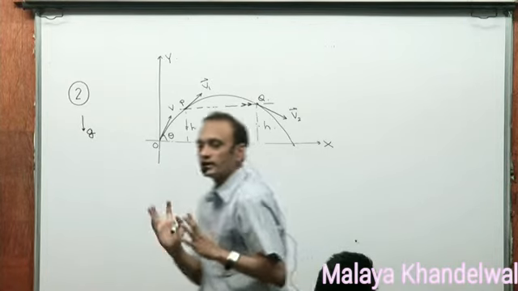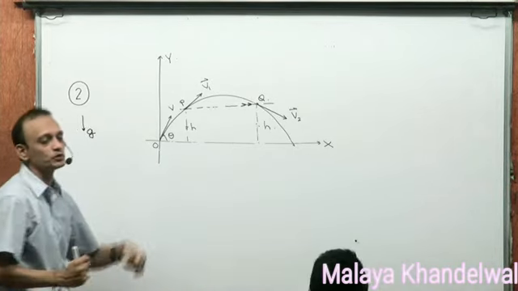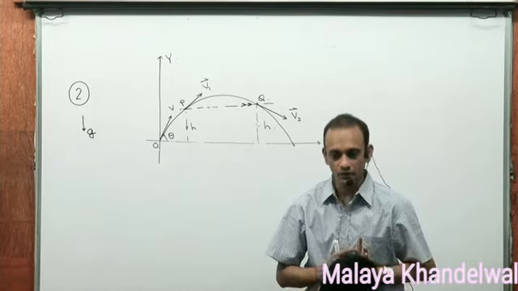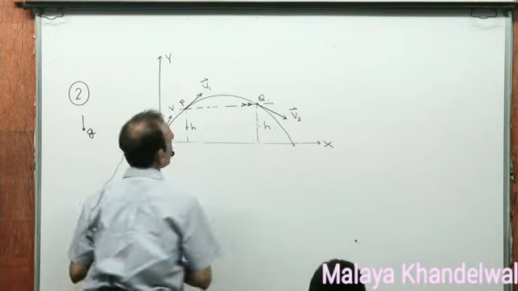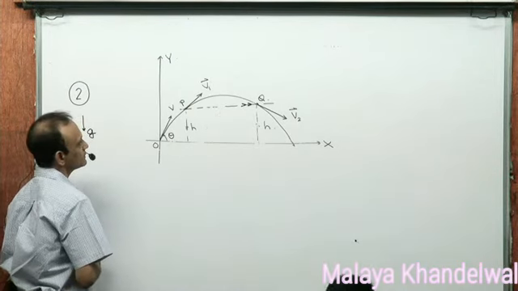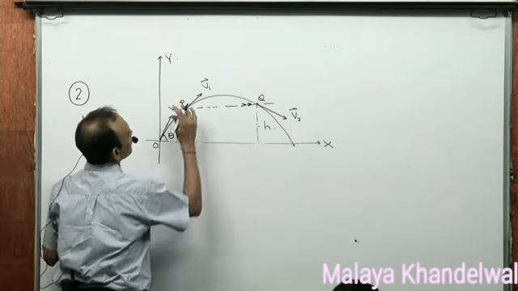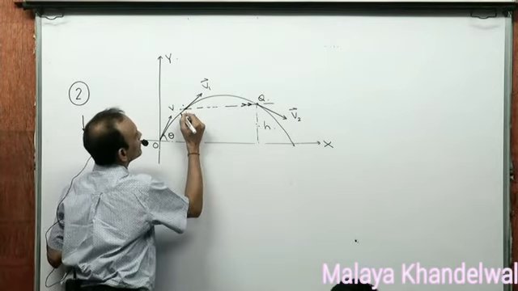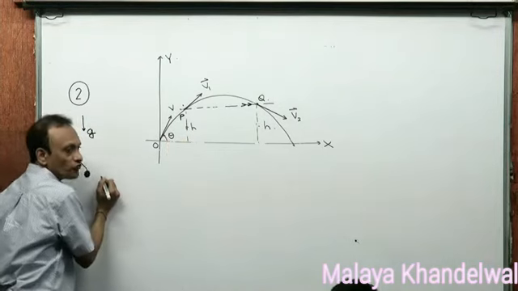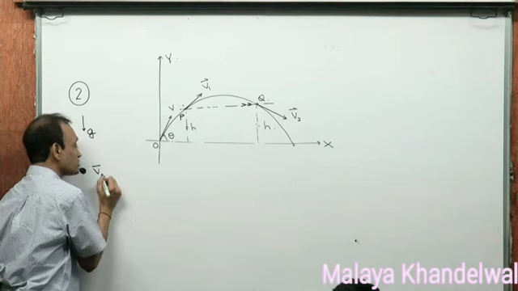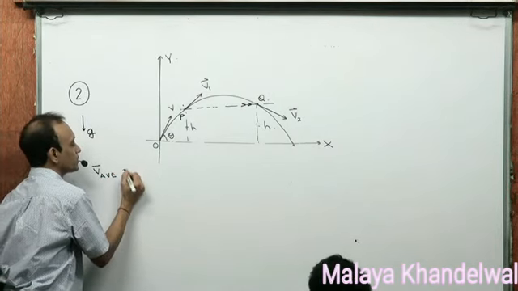Okay, let me first do it in a little more complicated manner. Then I'll come to this simple method and you will understand the importance of it then. V1, it's a case of constant acceleration. So average velocity in constant acceleration in an interval is what?